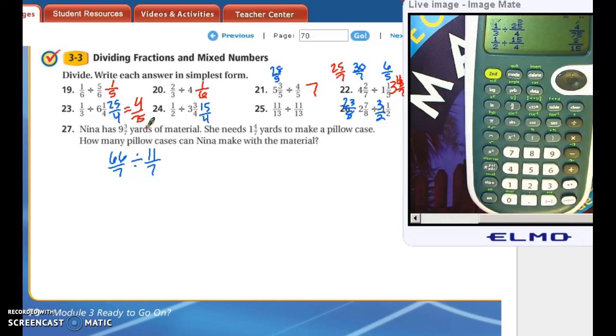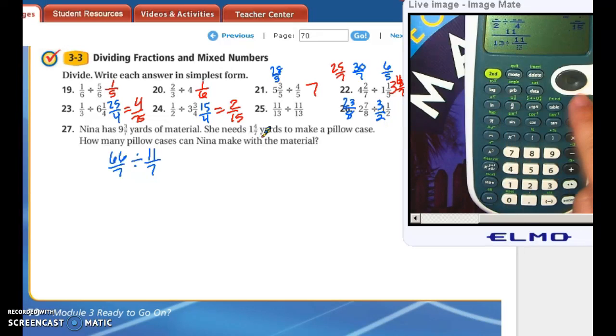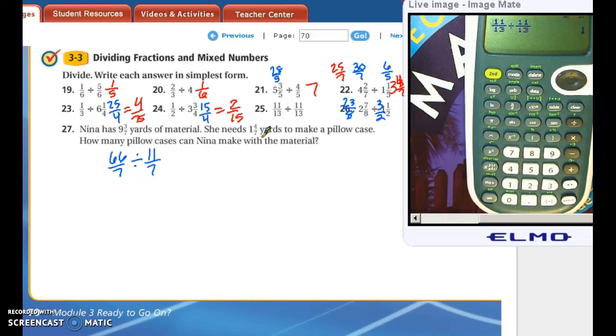That is 2 over 15. For 25, we have 11 over 13 divided by 11 over 13. That is 1. Anytime you divide a number by itself, the answer is 1.